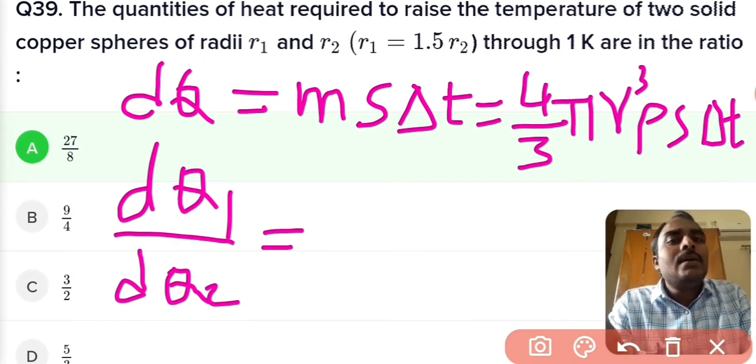Rho is the density, both are copper spheres, so density is same, and s is specific heat capacity, it is also same for both. Delta T is given 1 Kelvin for both of them. So only r is different.